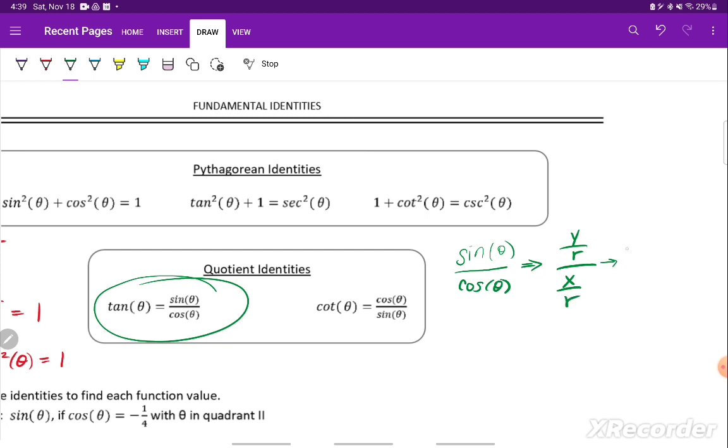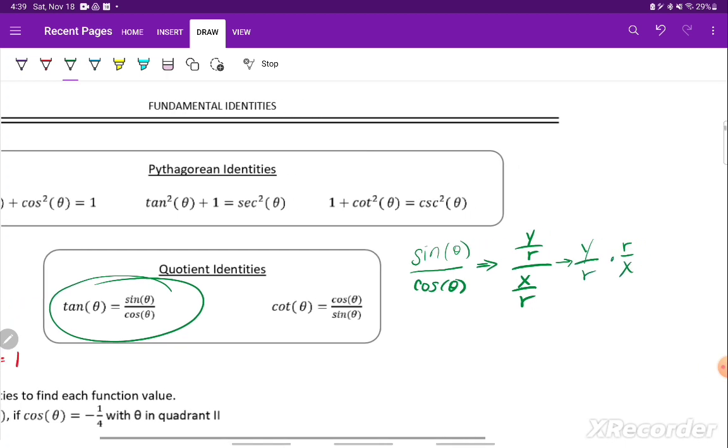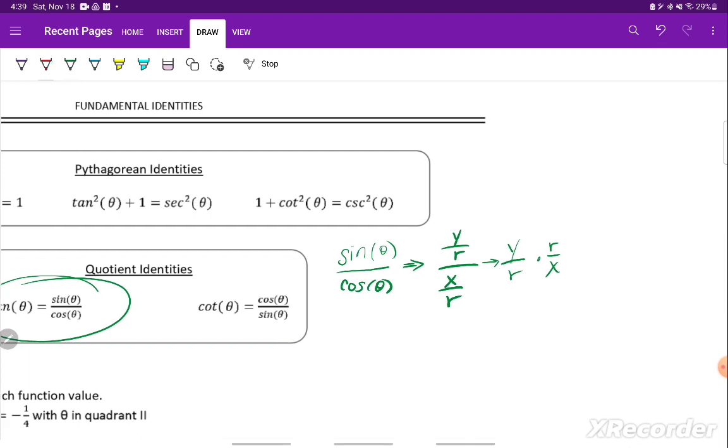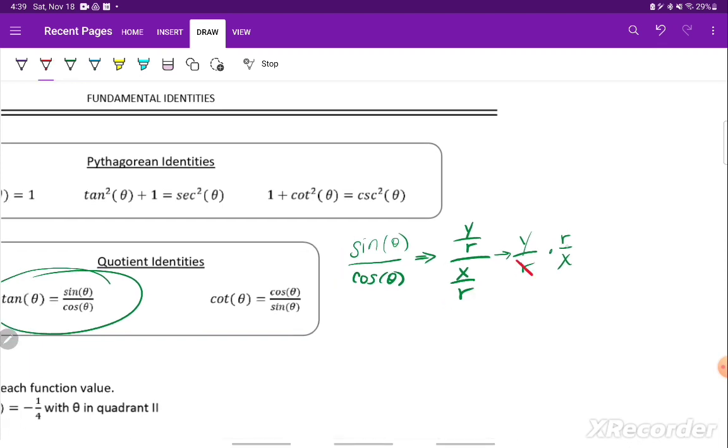I'm going to rewrite this by multiplying by the reciprocal of the second fraction. And when we do that and multiply, we get that the r's cancel out, leaving us with y divided by x, which is our definition of tangent.